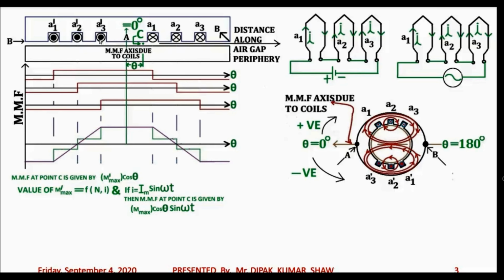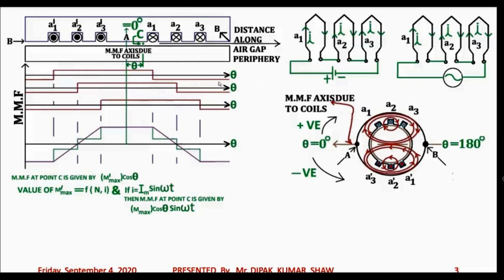We are assuming that only coil A1 A1 dash is carrying current. At that time, A2 A2 dash and A3 A3 dash are not carrying any current. So what is the nature of MMF variation? Since only one coil is carrying current, the MMF variation will be rectangular in nature.